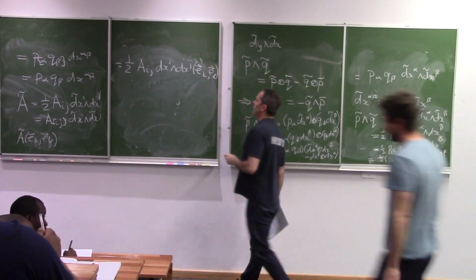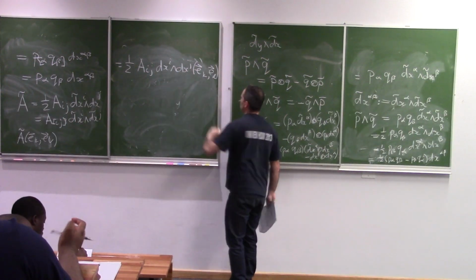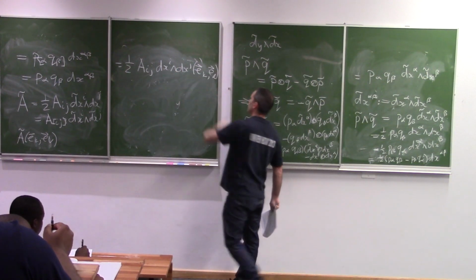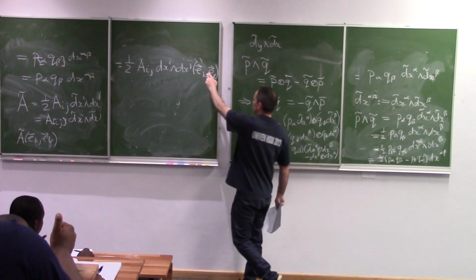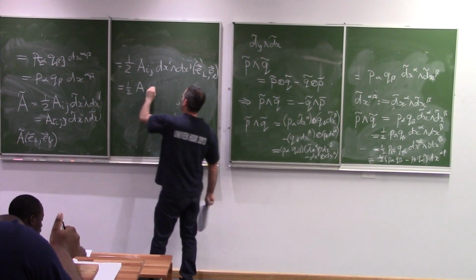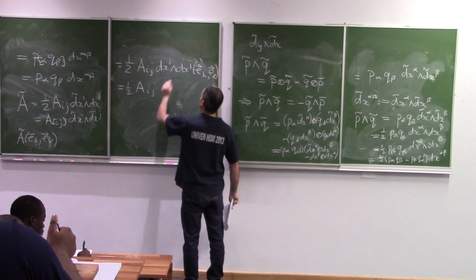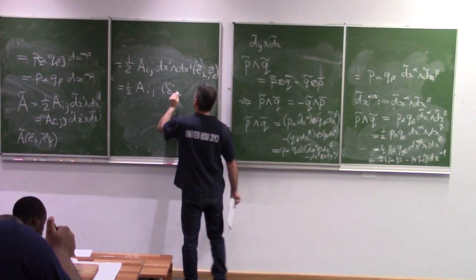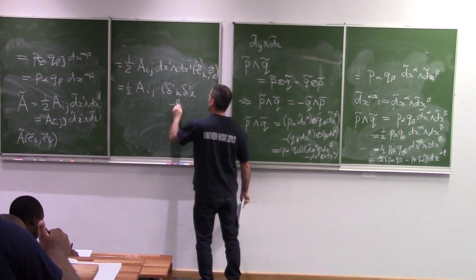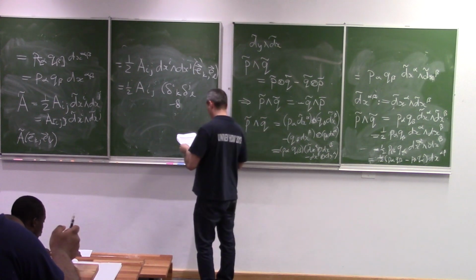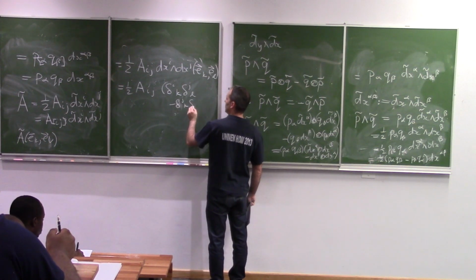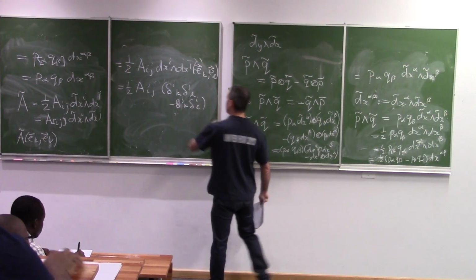Good. And then plugging in the definition of the wedge product, whenever dx^i hits an E_k, I'm going to get a delta_ik. So you get 1/2 A_ij times delta_ik delta_jl, and from the second term, I get a minus delta_jk delta_il.